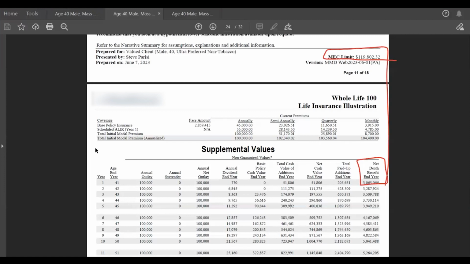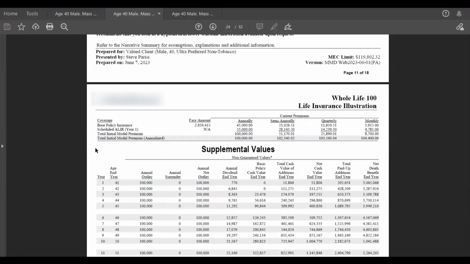So what that means, if you're paying in 100K over here, is that you've got room to add another $19,800 per year without triggering a MEC. So you can make a total payment of $119,802. Is this optimal? No. Is it better than the last example? Yes, with respect to the cash value.